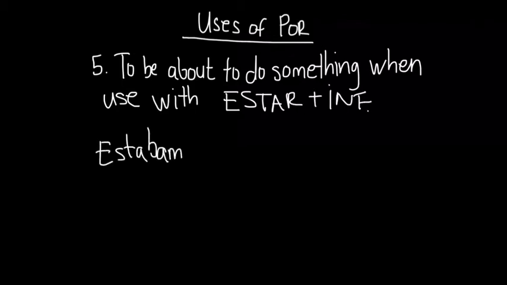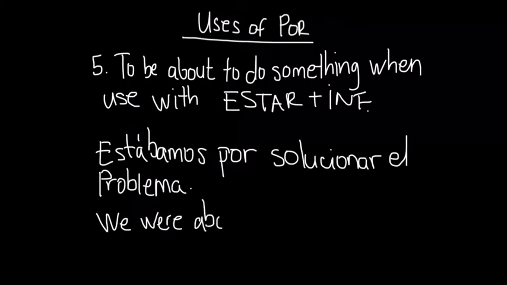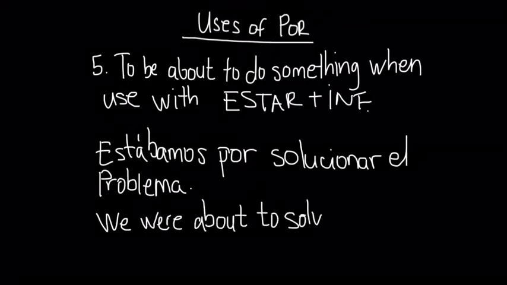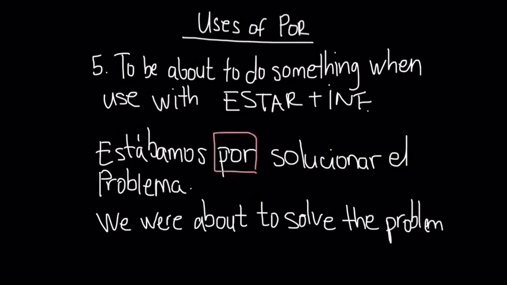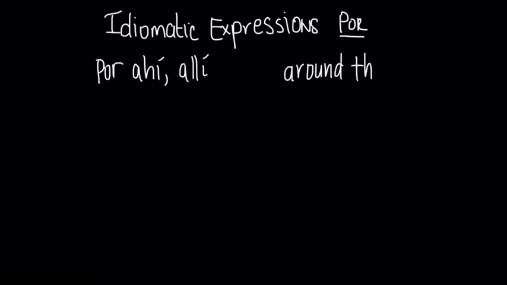So, for instance, if I say "Estábamos por solucionar el problema," the equivalent in English would be we were about to solve the problem. So remember, every time you want to say to be about to do something, you need to use the expression estar por.